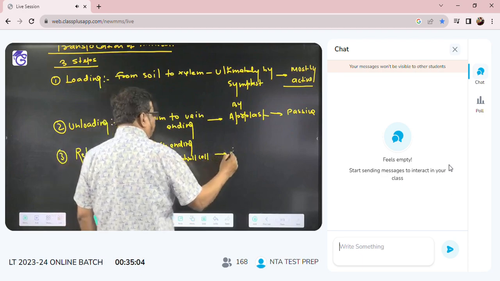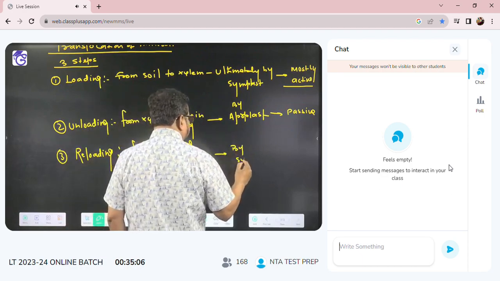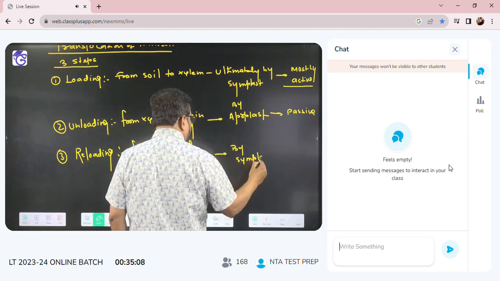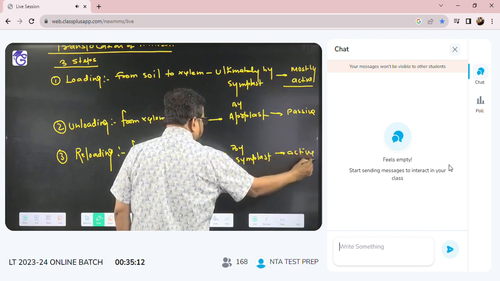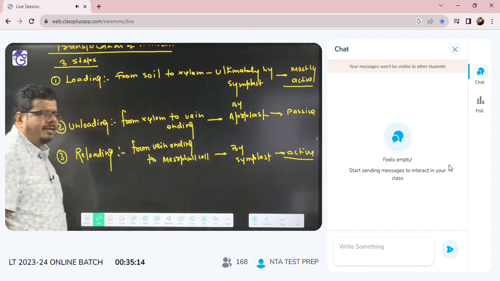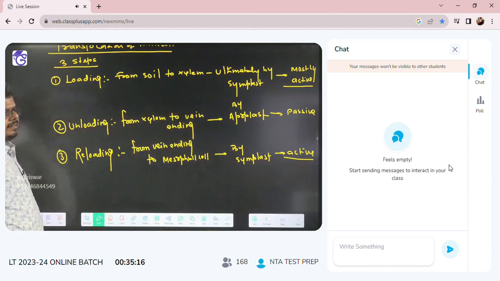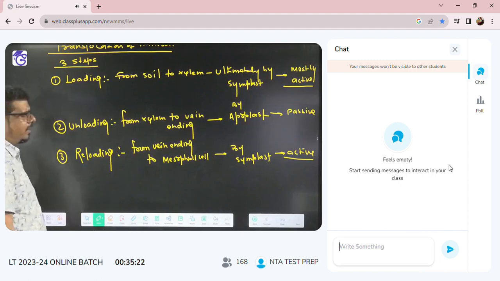It is by symplast, and it is an active process. So loading active, unloading passive, reloading active. Loading ultimately by symplast, unloading by apoplast, reloading by symplast.